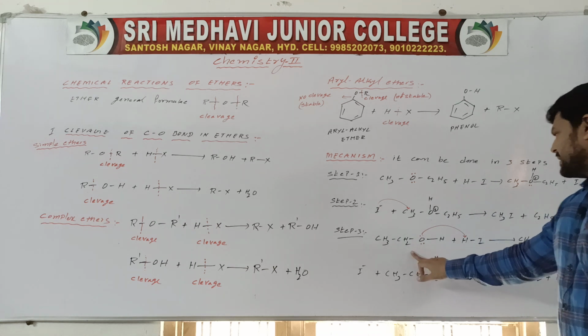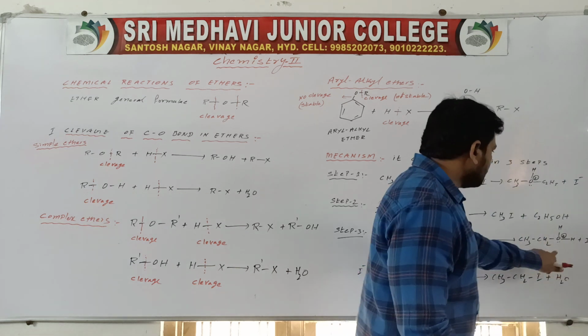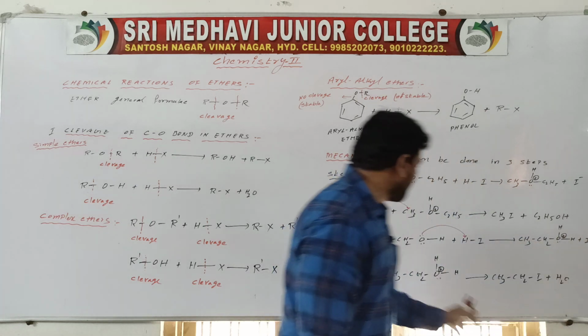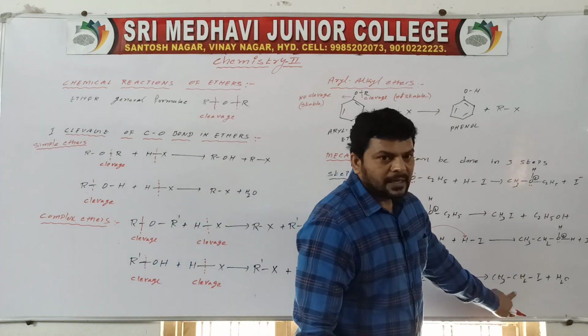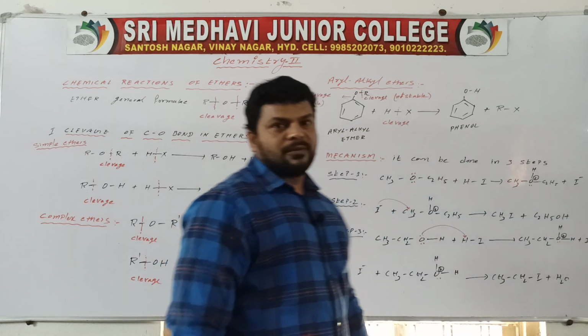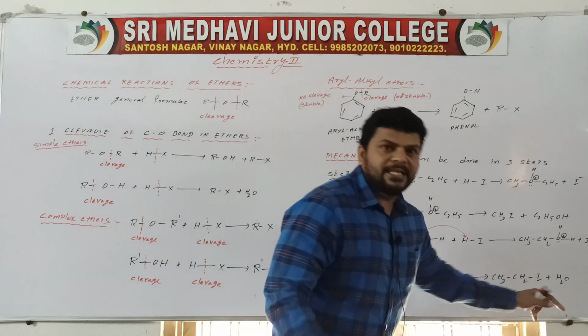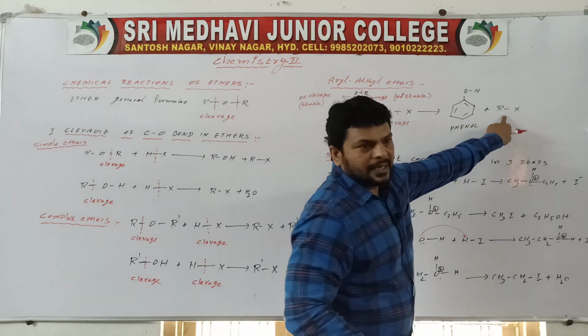Again this ethyl alcohol reacts with HI, then gives rise to protonated alcohol, and I minus cleaves. Then the protonated alcohol immediately reacts with I minus, which gives rise to ethyl iodide plus H2O. So finally alkyl halide is formed, or not? So this is the reaction mechanism.